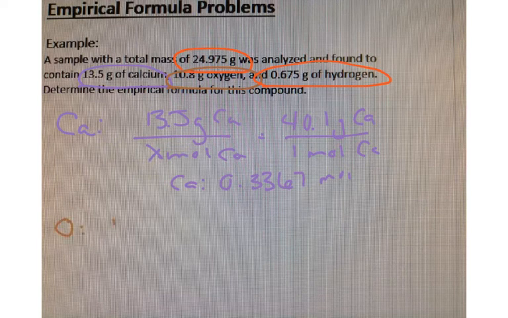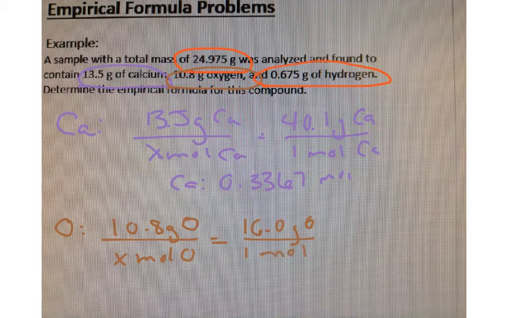Okay, now let's do oxygen. We knew that it had 10.8 grams of oxygen, and we need to figure out, once again, how many moles that is. So over X moles, we know that oxygen is 16.0 grams of oxygen for every 1 mole of oxygen. When you cross multiply this, you get 0.675 moles of oxygen. And then now we need to do hydrogen.